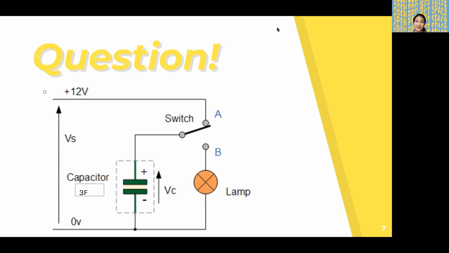The second question asks, if we flip the switch to B, what is the voltage across the capacitor after a very long time? If you don't know anything, just put your best guess in. You're not expected to know anything.